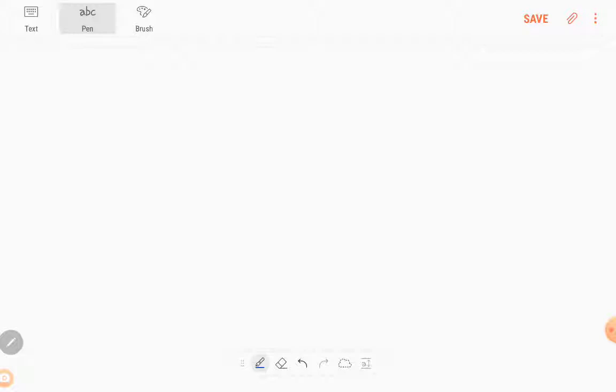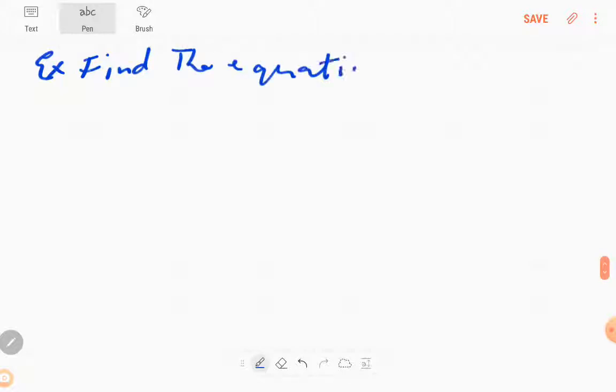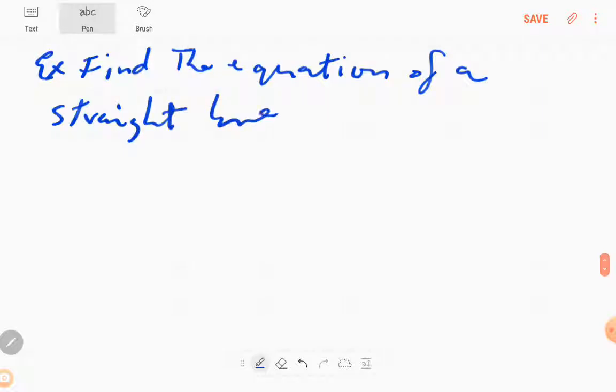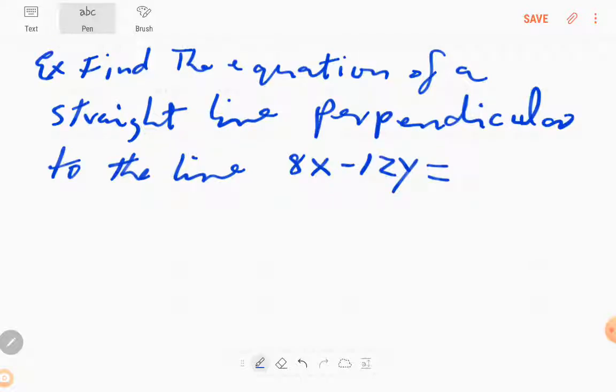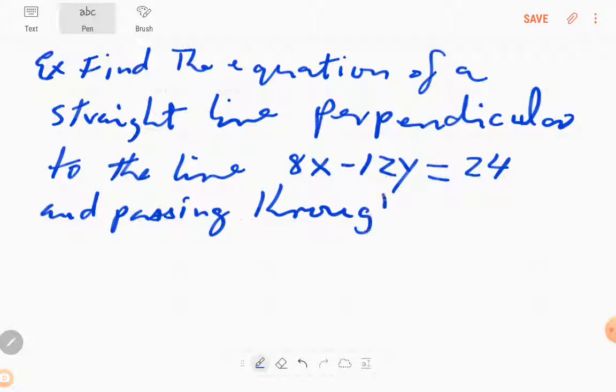For example, find the equation of a straight line perpendicular to the straight line 8x minus 12y equal to 24, and passing through the point minus 6, minus 4.